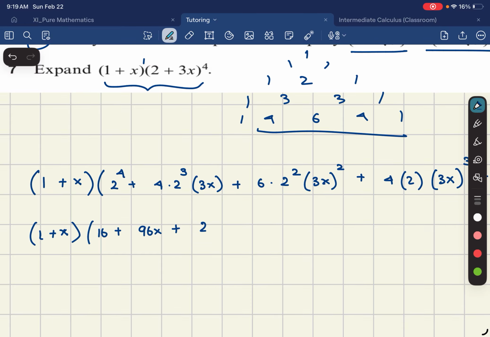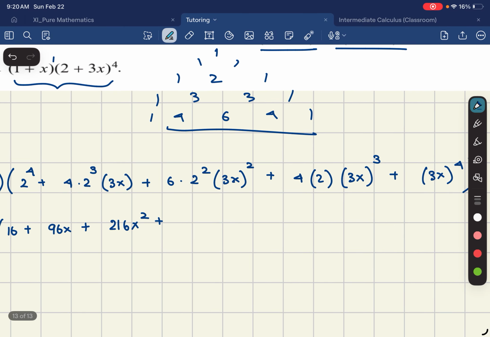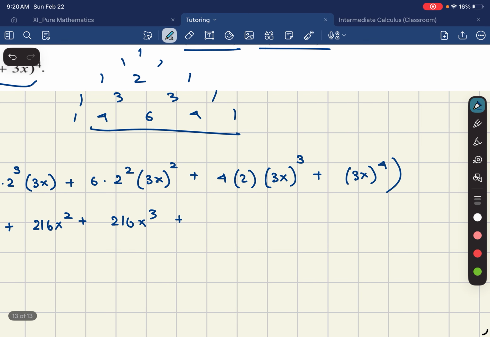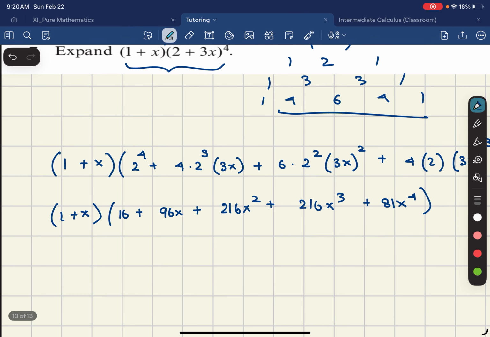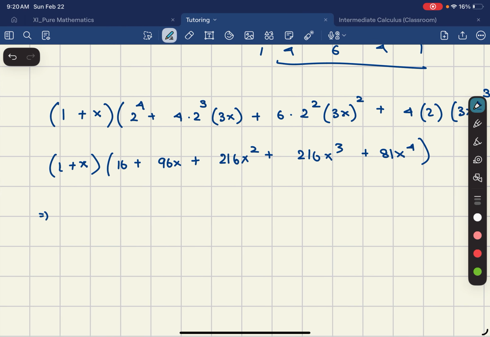So that is 216x squared plus 27 times 8. That is 216x cubed plus 81x to the power 4. And then you can multiply it out. You can simplify finally, and you get 16 plus 96x plus 216x squared plus 216x cubed plus 81x to the power 4.